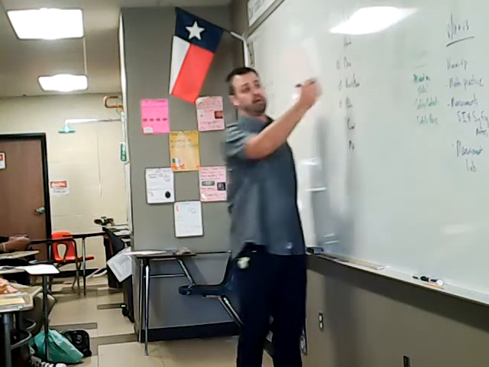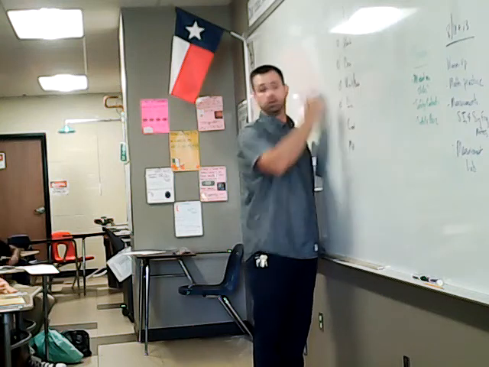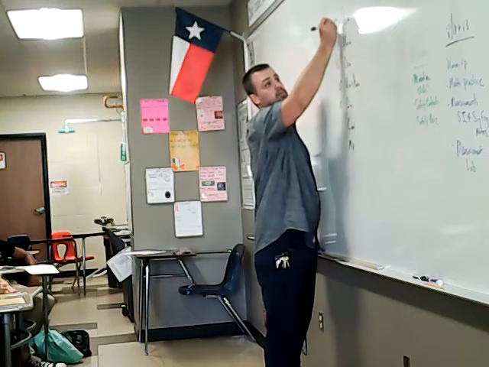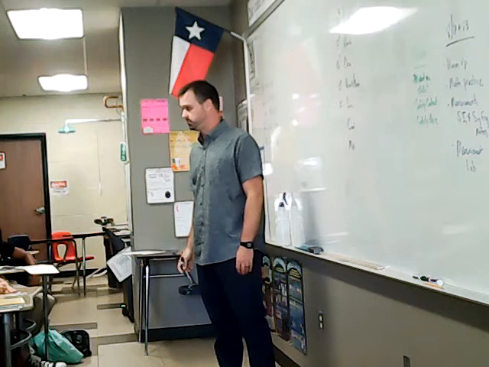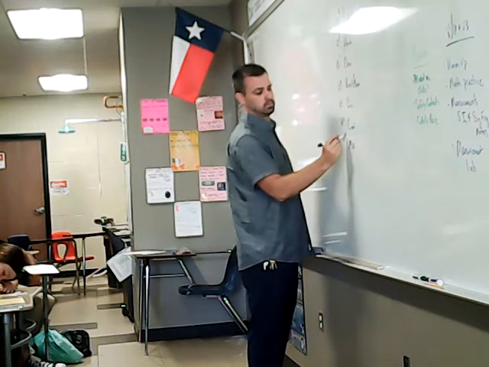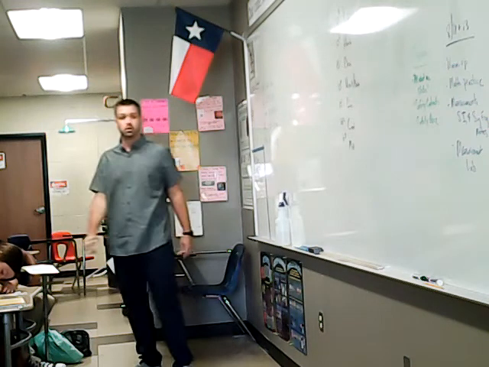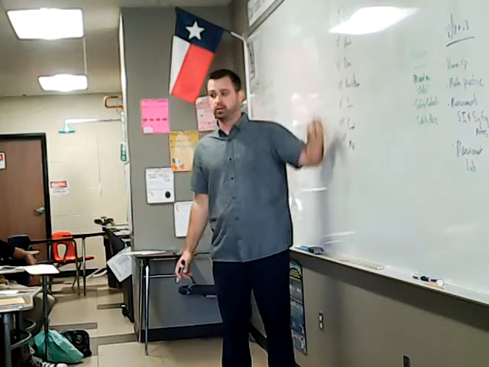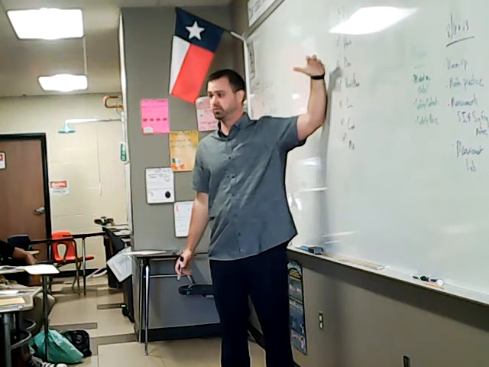If I move up 2, it's by a factor of what? 2. If I move up 3, 10 to the third. Same if we move down. So why did we do this? You're going to have a starting spot, and you're going to need to convert to a different spot in the metric system.